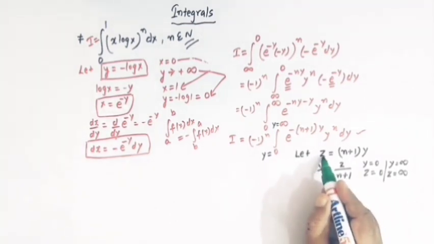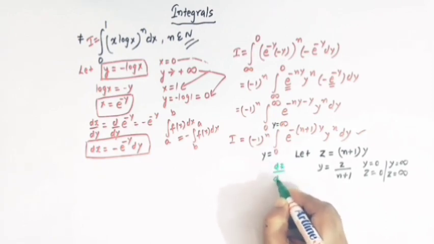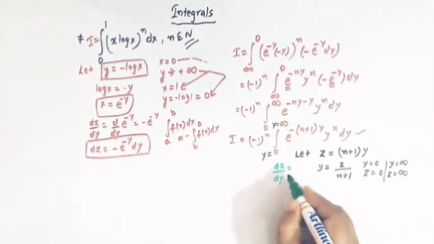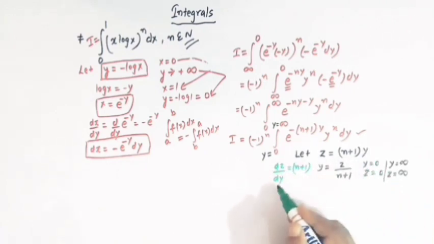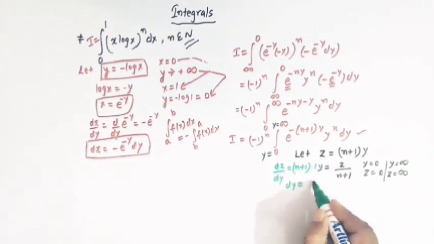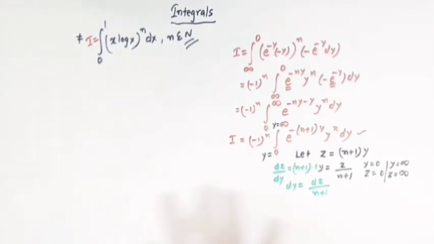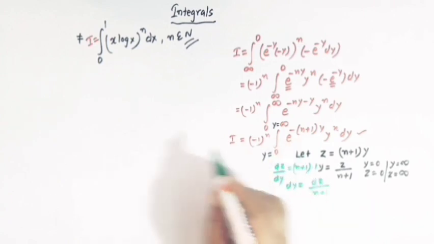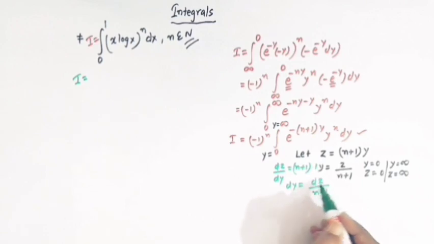So now let us differentiate z with respect to y. So we have dz over dy is equal to n plus 1, because the derivative of y with respect to y is 1, and now dy can be replaced by dz divided by n plus 1, where n belongs to the set of natural numbers. So viewers, now let us express this integral I in terms of this new variable z, right?